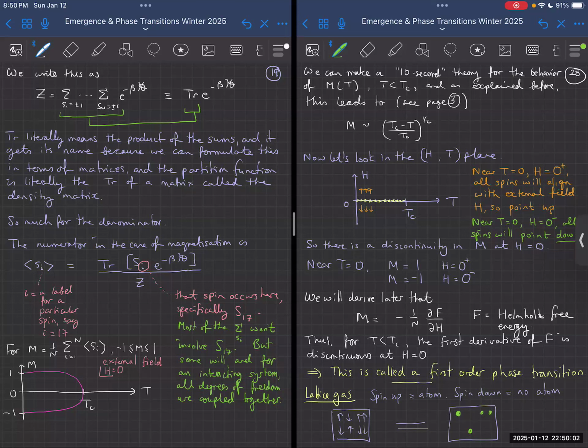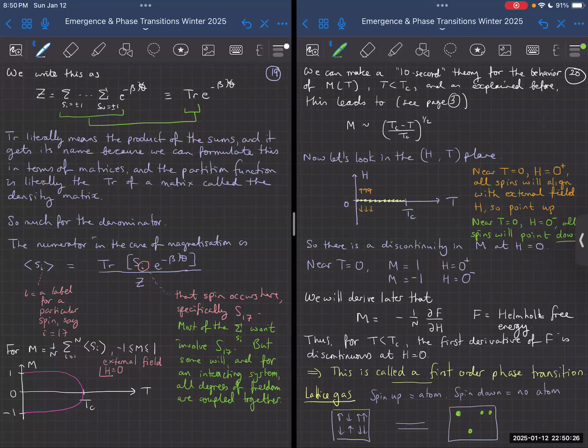So what we've just deduced is that near H equals 0 and at low temperatures, m will be 1 if H is slightly positive, and it will be -1 if H is slightly negative. And so that means there's going to be a discontinuity in m at H equals 0, and that's designated by this sort of jagged line over here.